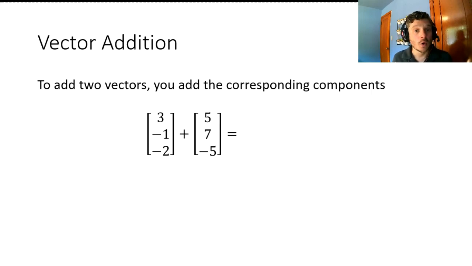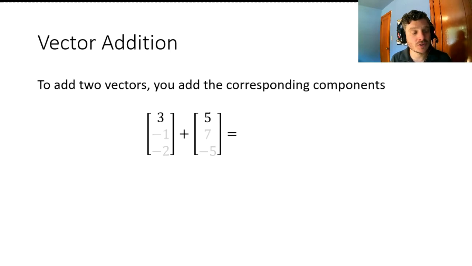So what do we actually need to do for vectors mathematically? How are we going to be using them? Well, the first thing is just vector addition, and you're going to see the mathematics behind this is actually pretty simple. To add two vectors, you add their corresponding components. So I have my two vectors here. My first vector is 3, -1, -2. My second vector is 5, 7, -5. If I want to add them, again, we go by components.